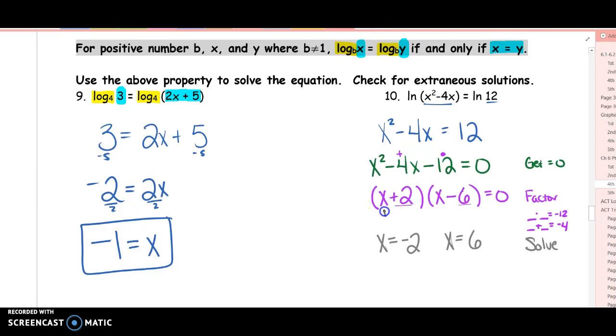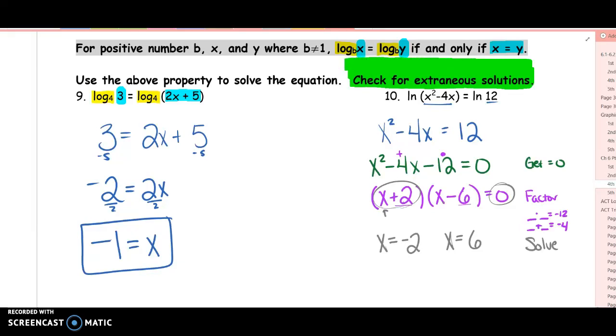Remember, you're looking for the x value that would make the set of parentheses equal 0. So negative 2 plus 2 would give you 0. 6 minus 6 would give you 0. So negative 2 and 6. Did anyone see up above where it says check for extraneous solutions? Extraneous solutions are solutions that appear to work algebraically.